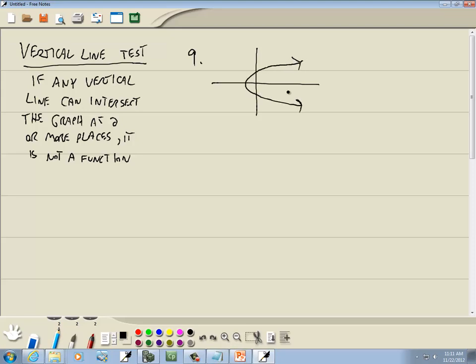Let's take a look at this graph here. Question is, can you draw a vertical line someplace that intersects at two or more places? Well, if I draw one here, it'll intersect at two or more places. So this is not a function.